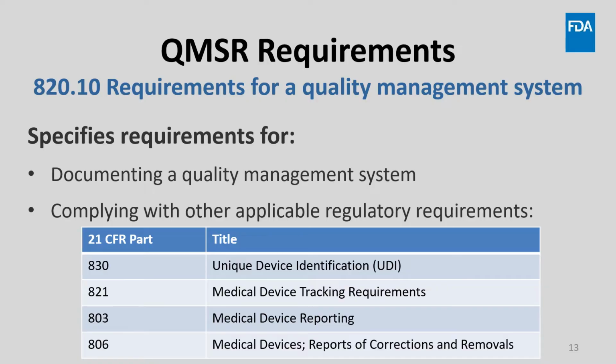Other applicable requirements listed include, but are not limited to, complying with Part 830, Unique Device Identification, Part 821, Medical Device Tracking Requirements, Part 803, Medical Device Reporting, and Part 806, Medical Devices, Reports of Corrections and Removals. Again, these may not be the only regulatory requirements that are applicable to ensure full compliance with ISO 13485.